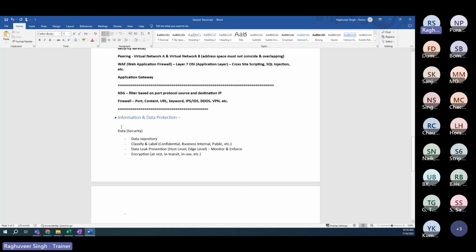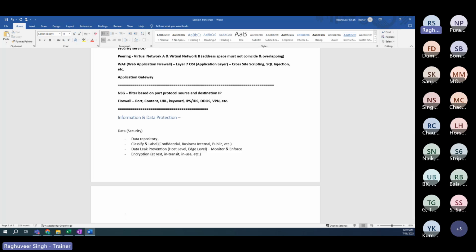So what I'm talking about is the data security life cycle. This is the life cycle of my data security: whenever my data is getting created, I will first need to identify what that repository is, classify and label my data, apply DLP policies, and ensure that encryption is configured for data at rest, in transit, and in use.